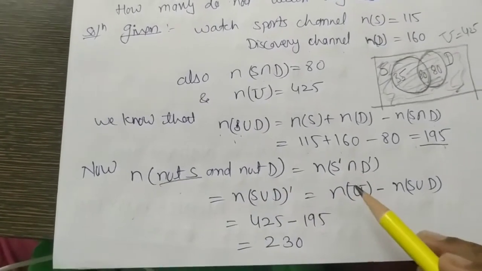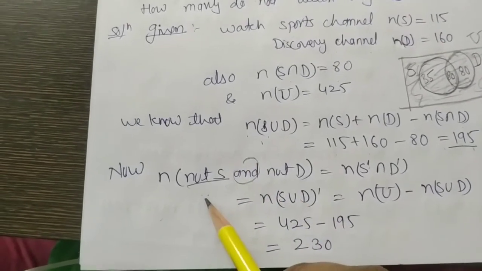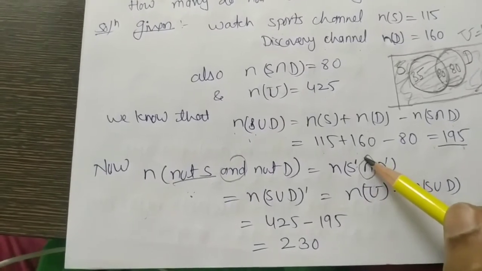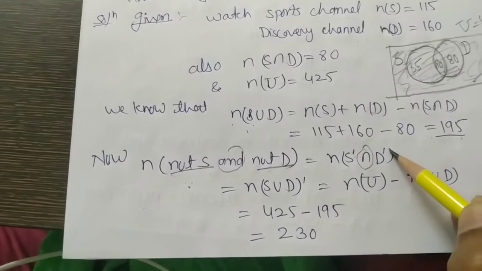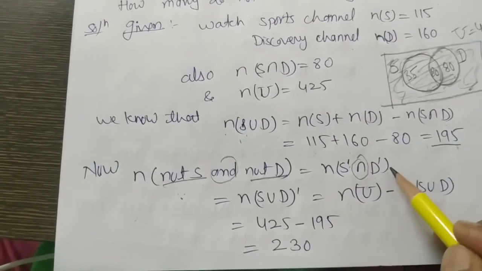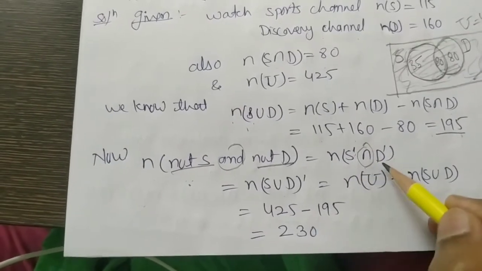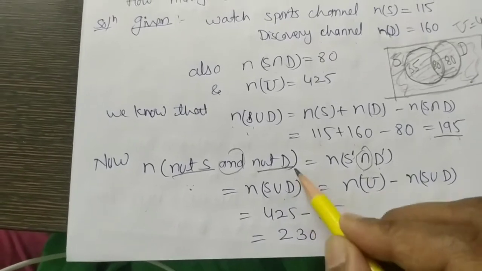Not S can be written as S dash, and not D means D dash, with the connective replaced by intersection. By De Morgan's law we can write: S dash intersection D dash is equal to S union D whole dash.